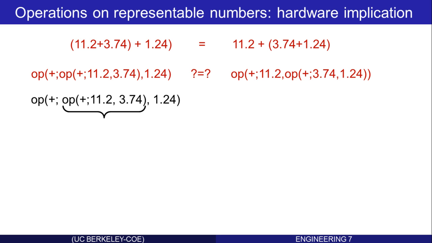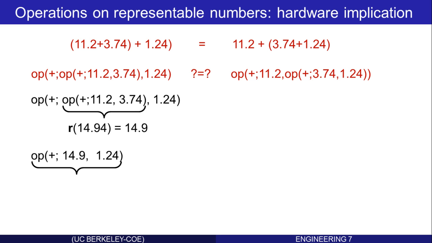The innermost operation computes the exact result as 14.94, but that's a four-digit number and our number system only allows 3, so it's rounded down to 14.9. Then the next operation occurs, adding 14.9 to 1.24. The exact result is 16.14, which is rounded down to yield the final result, 16.1.